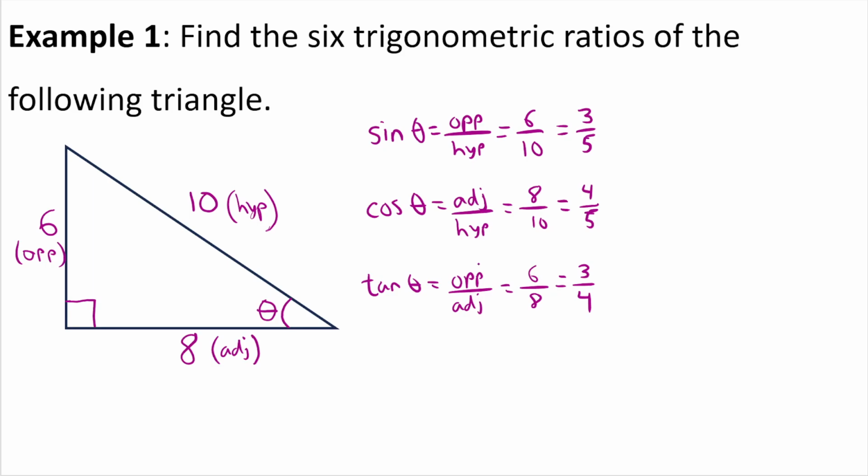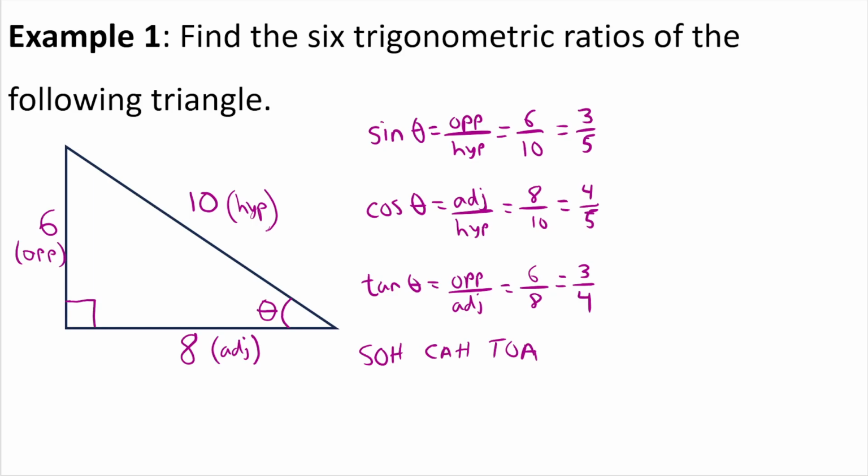Before I give you the other 3 trig ratios, let me show you a trick for remembering sine, cosine, and tangent, and then I'll show you the trick for remembering the other 3. But first, you have this right here: SOHCAHTOA. SOHCAHTOA represents the 3 primary trig functions.